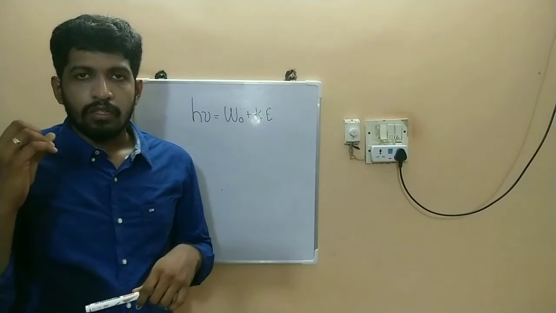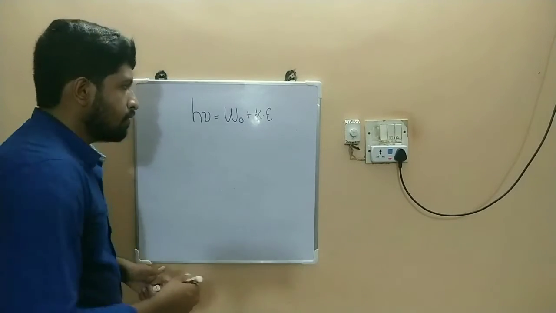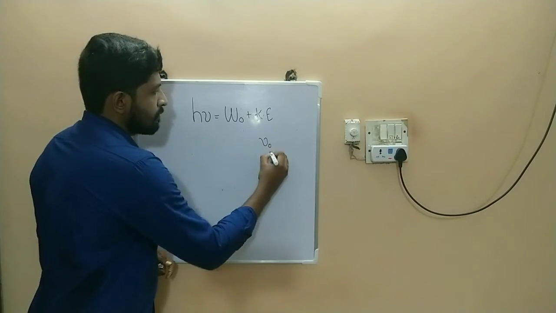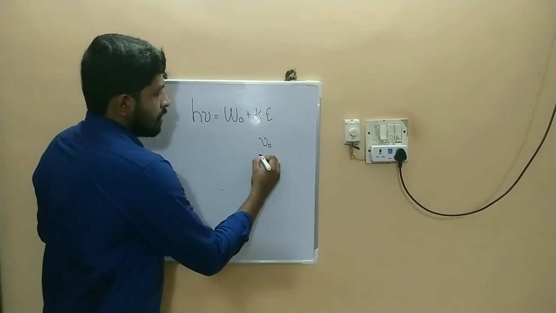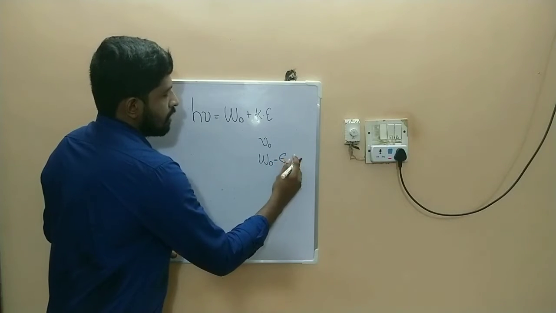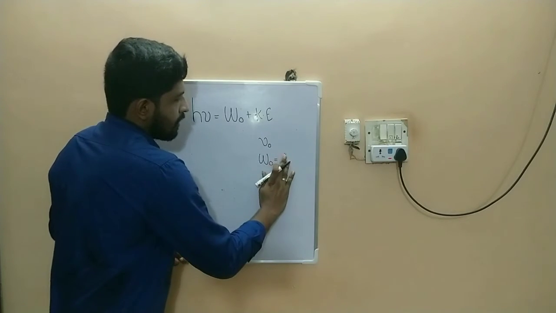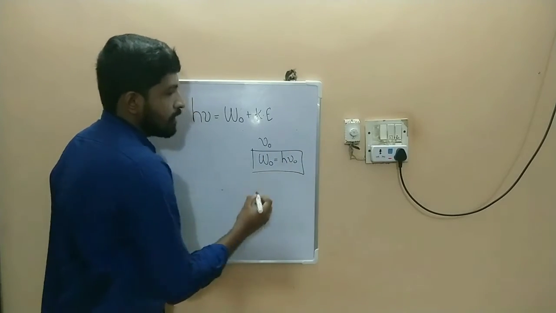Suppose the threshold frequency of the metal surface we are taking is nu 0. Then the work function W is equal to h into nu 0.